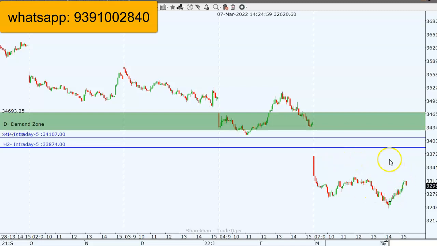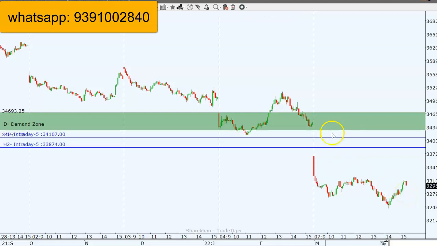Suppose the price opens in between 33,200 and 34,000, we will wait to see if the price breaks this level, or if the price opens on the upper side and comes back to retest today's closing price, then also we can go for a long entry.